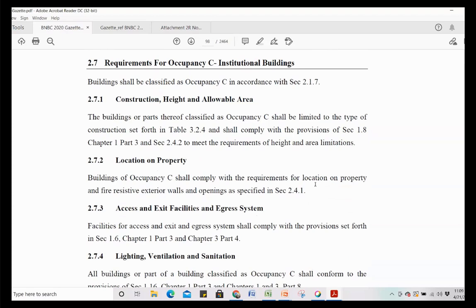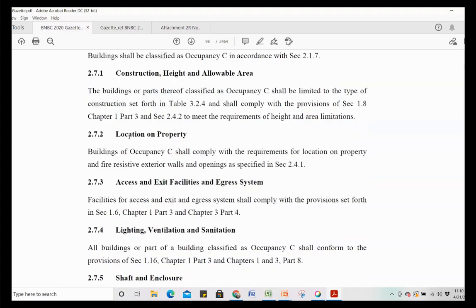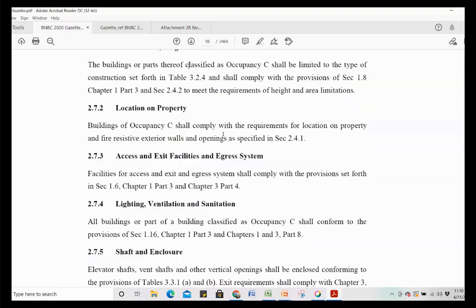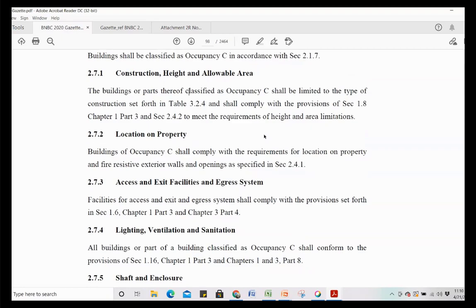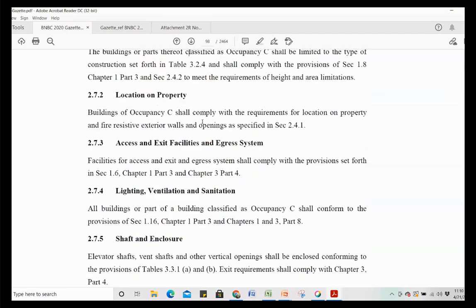It is institutional building. As you can see, we haven't marked here, but it is mostly typical referencing to other chapters. So construction height and allowable area doesn't specify anything special. Location on property, the same as other occupancies, access and exit facilities and egress system. As referred to, the criteria is not the same, but they are all referred to the same subsection or chapters or part of this code.